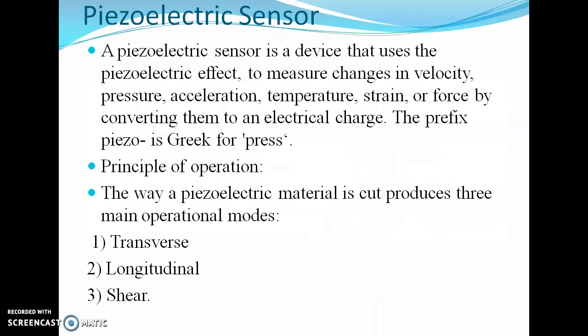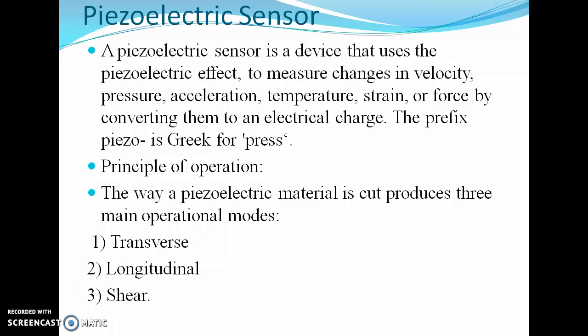Then piezoelectric sensor. A piezoelectric sensor is a device that uses the piezoelectric effect to measure changes in velocity, pressure, acceleration, temperature, strain or force by converting them to an electrical charge.